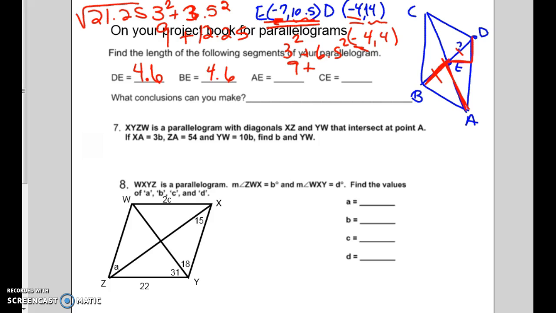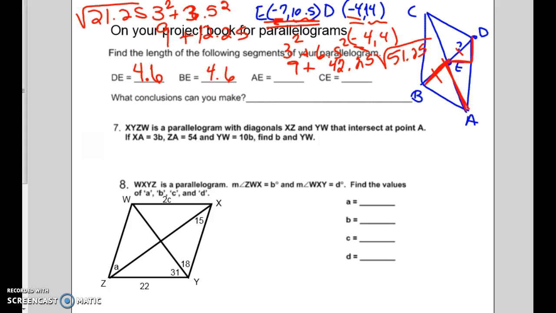So somebody do it for me. 6.5 squared, what do we get? Well, it's over 30. 42.25. Is that what you said? Yep. So it should be 51.25.